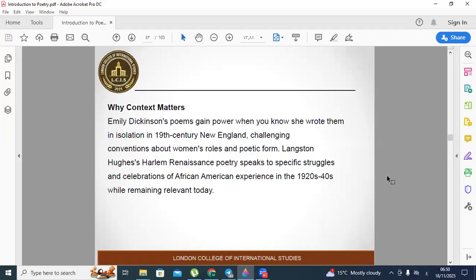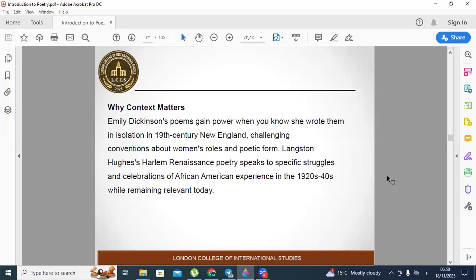Langston Hughes's Harlem Renaissance poetry speaks to specific struggles and celebrations of the African American experience in the 1920s through 1940s: the Great Migration from South to North, racism and discrimination, the flourishing of Black arts and culture in Harlem, while remaining relevant today.